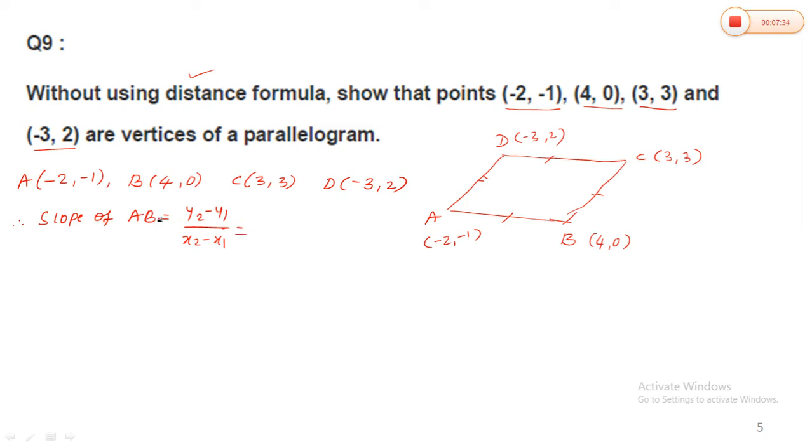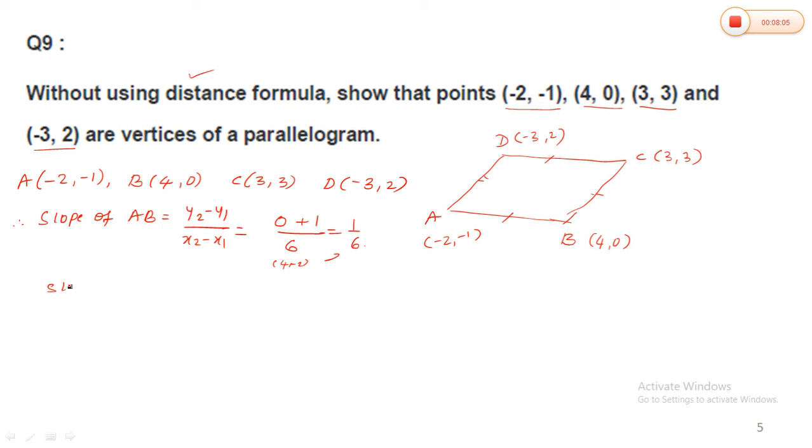So this is equal to 0 minus of minus 1 divided by 4 minus of minus 2, that is 1 by 6. So 0 plus 1, and 4 plus 2, that is equal to 6.